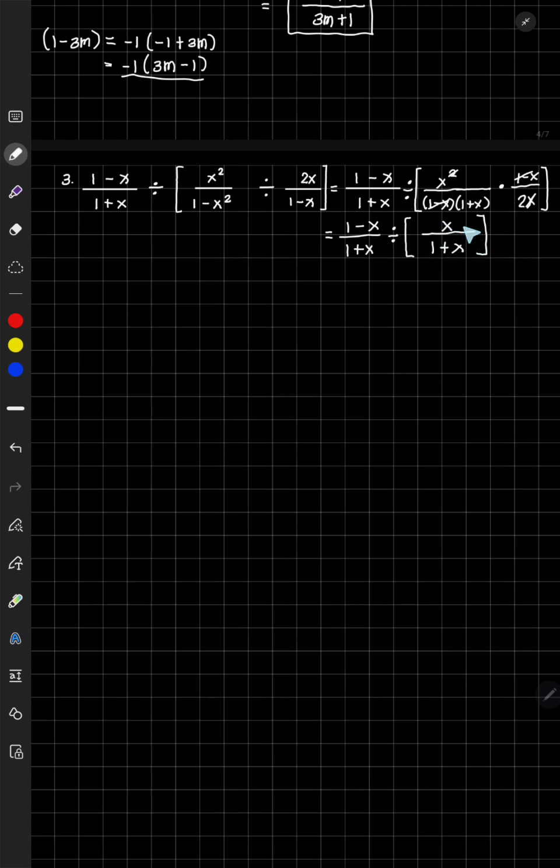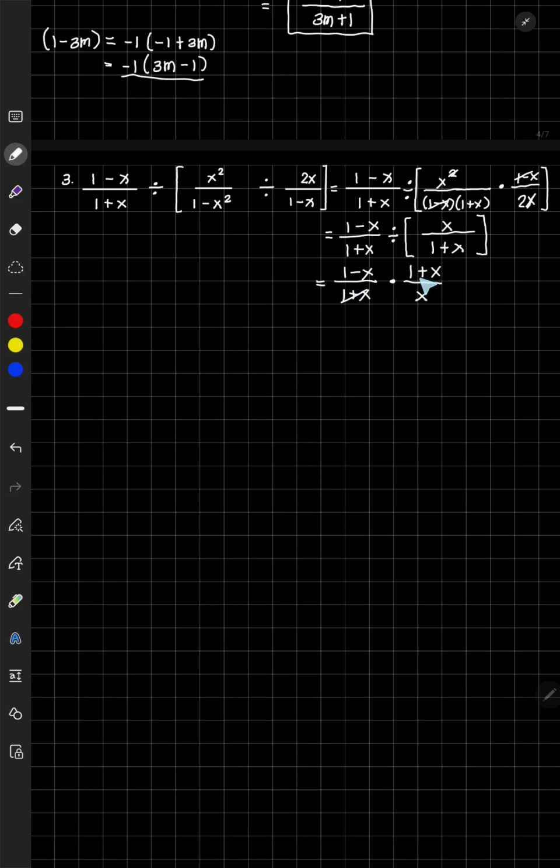Again, we have to get the reciprocal of x over 1 plus x. So we have 1 minus x multiplied by the reciprocal of that one, so we have 1 plus x all over x.